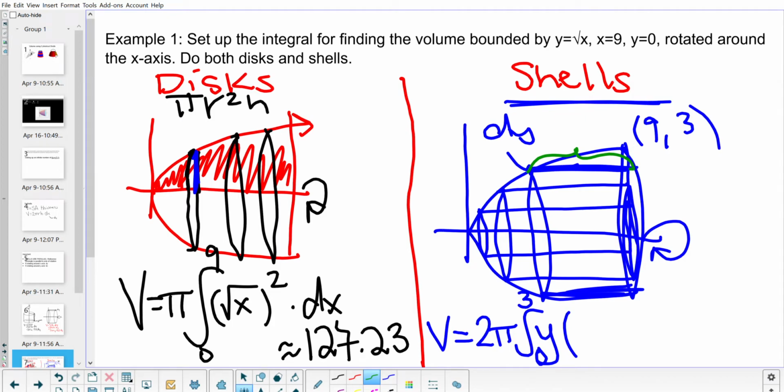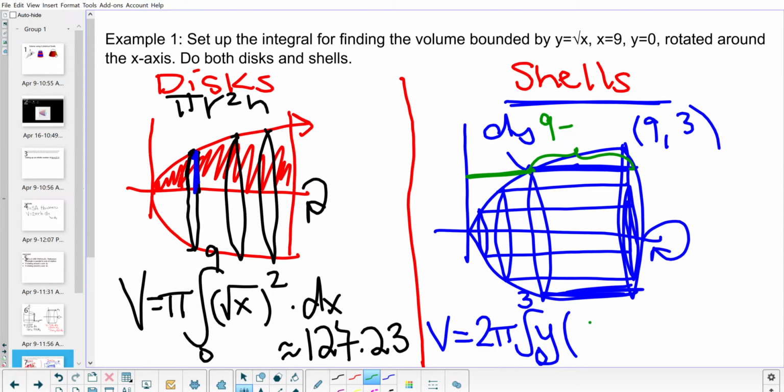So the height is going to be 9 minus whatever this value is here, which is the function in terms of y. So 9 minus the curve, which is y squared. So whatever the x value is up until here. So 9 minus this piece right here would give you the location here.